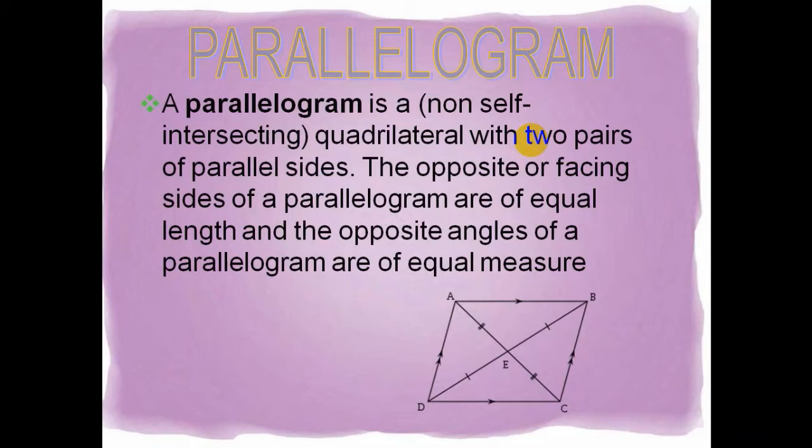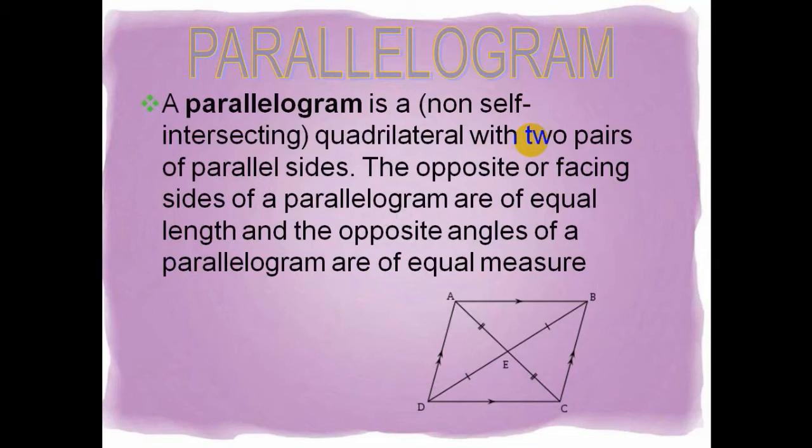Similarly, in a rectangle, the lengths of the opposite sides are equal and the measure of each angle is equal, which is 90 degrees. But in a parallelogram, opposite sides are parallel, the lengths of opposite sides are equal, and opposite angles are equal. Not necessarily each angle will be 90 degrees, but the measures of opposite angles will be equal in a parallelogram.